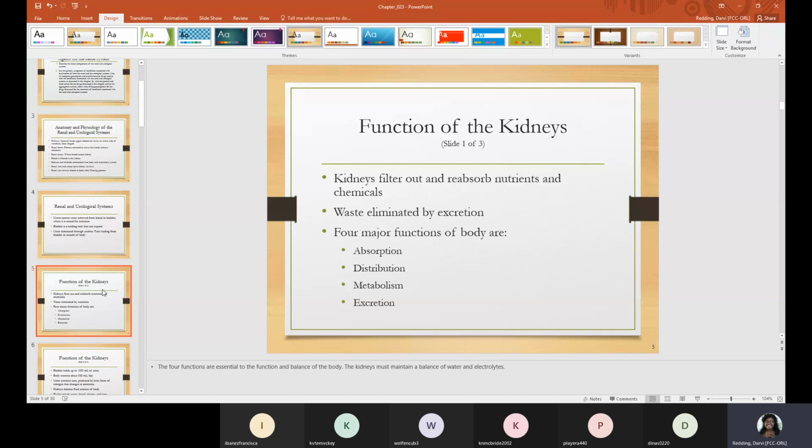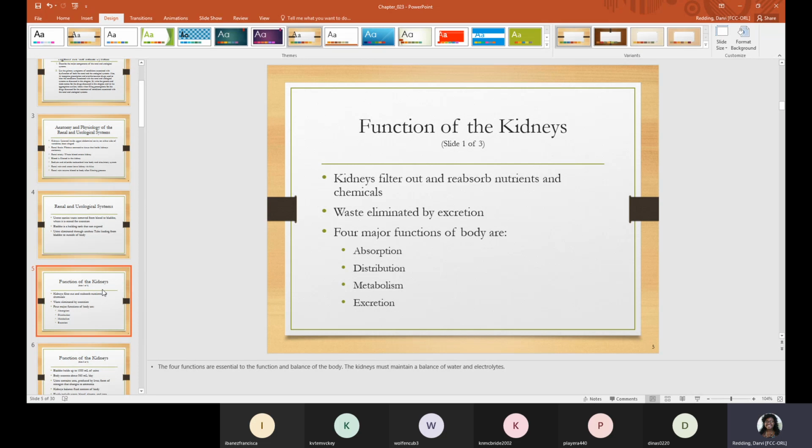For absorption, that is when something enters your body, and it's basically the intake of liquids, solids, and gases into the body. So what's absorbed is then distributed and goes throughout the body. So distribution is the way in which chemicals, nutrients, and even drugs move throughout the body to their target organs and tissues.